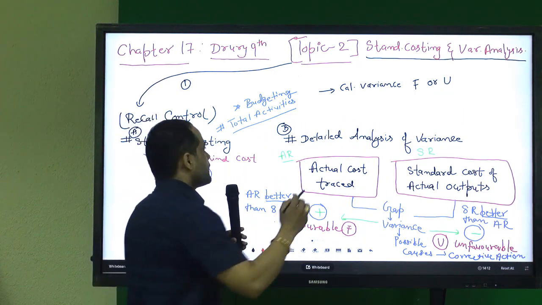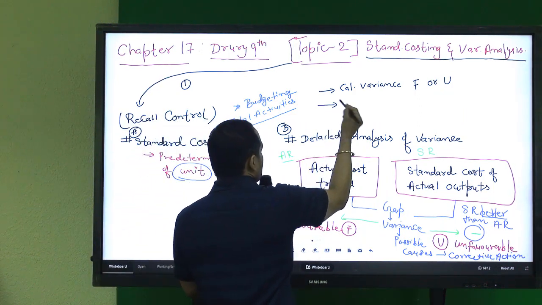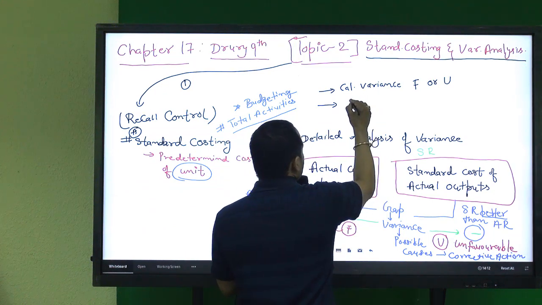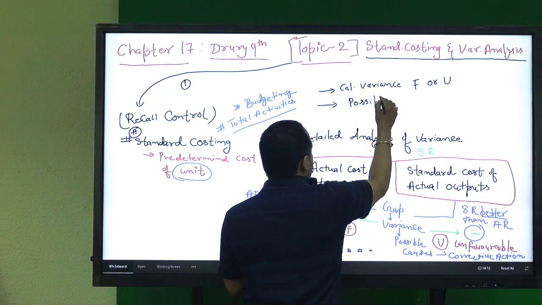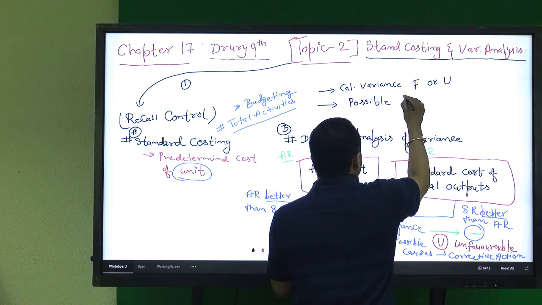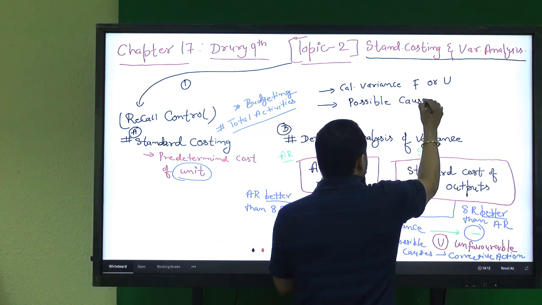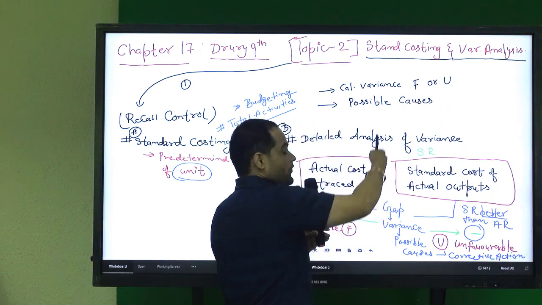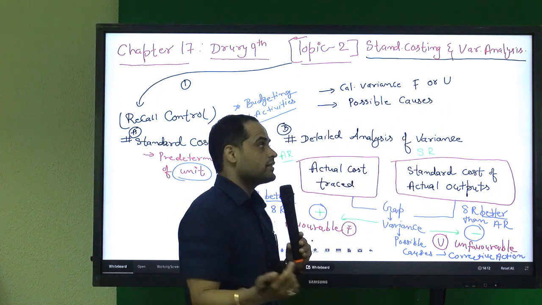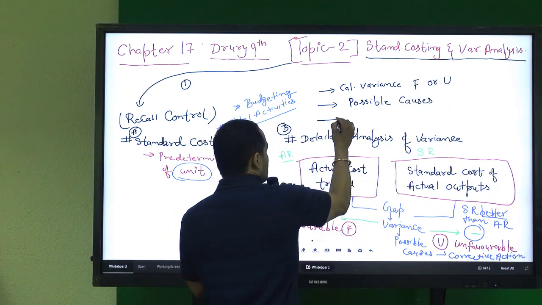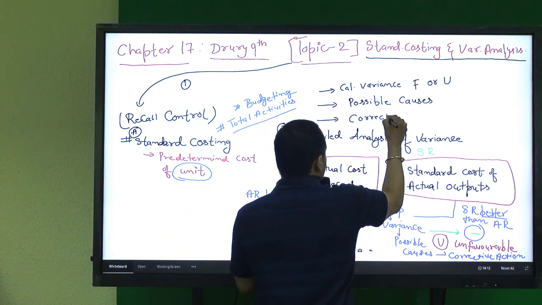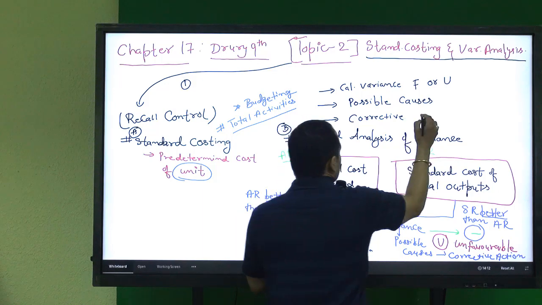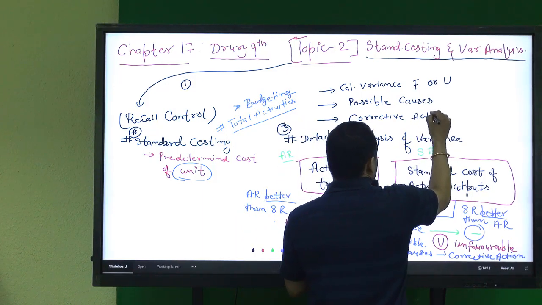Second, the possible causes: what are the reasons for these favorable and unfavorable results? And the third thing is corrective actions.